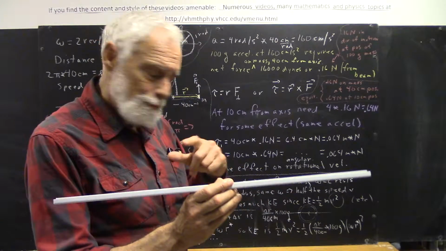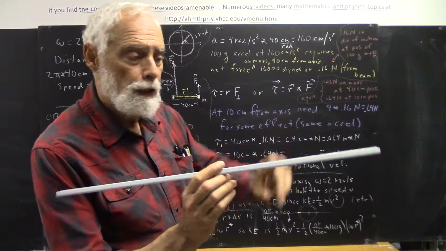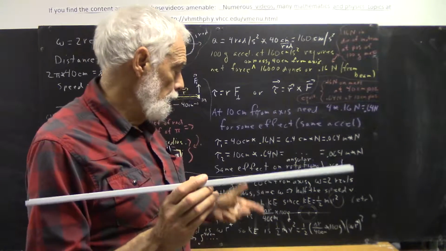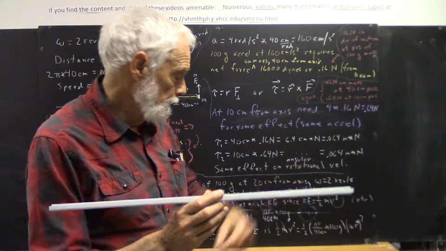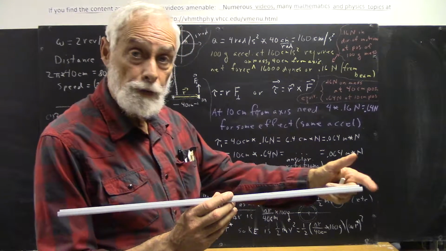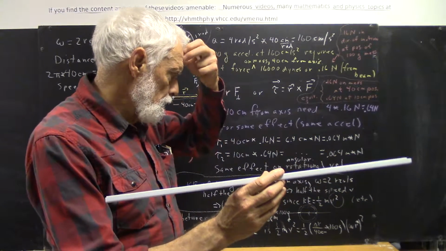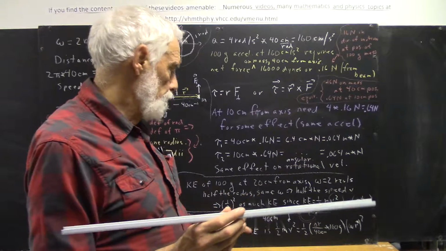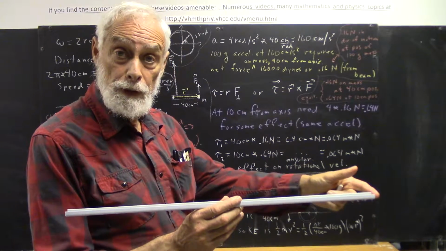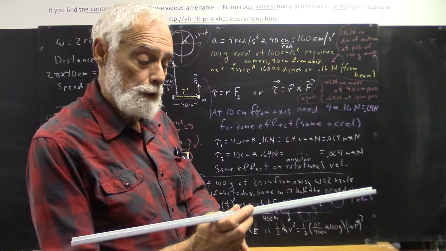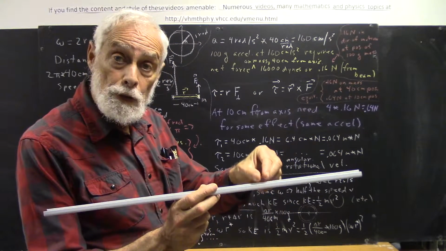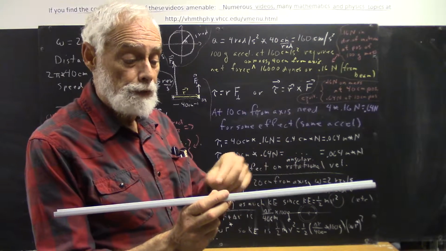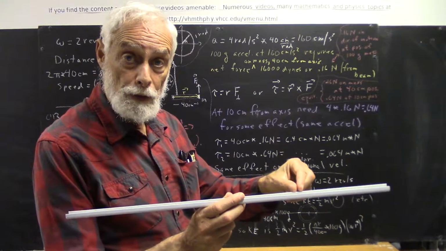Now we want to get the kinetic energy of the beam as it's moving at 2 revolutions per second. Assume we have 100 grams here and that this is 40 centimeters from here to here. Now we want to partition the interval from 0 to 40 centimeters. And we want a typical interval of that partition to be some short increment out here at some distance, which we'll call r star.